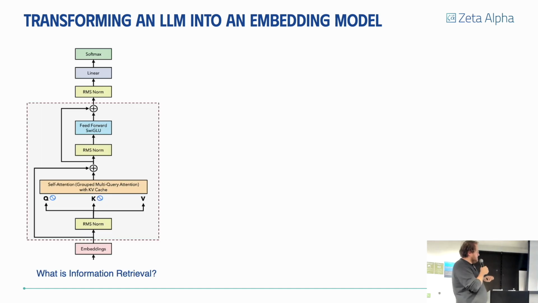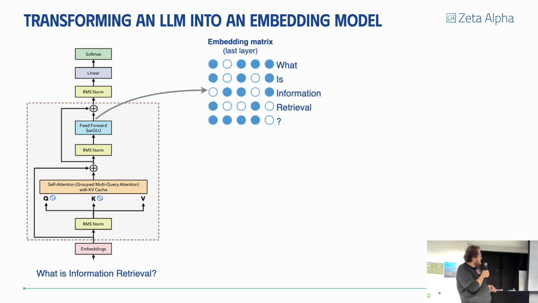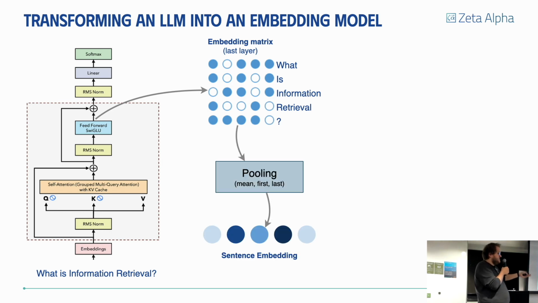I'm not going to go deep into this, but if you know what this is, this is a decoder block of a transformer. We're going to grab the last layer of the embedding, so we have a different embedding for each input token. We're going to do pooling here, so grab the average of these, or the first or the last token.